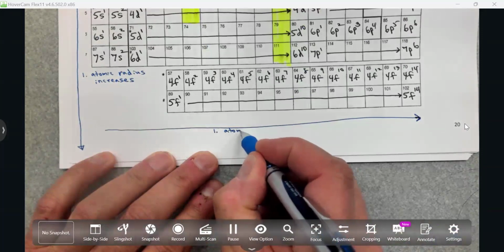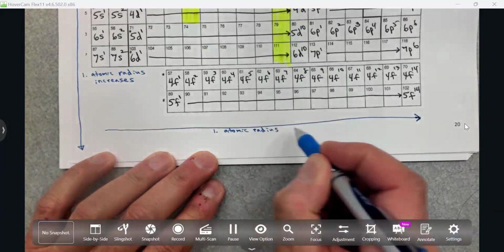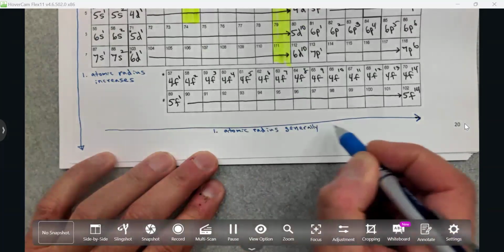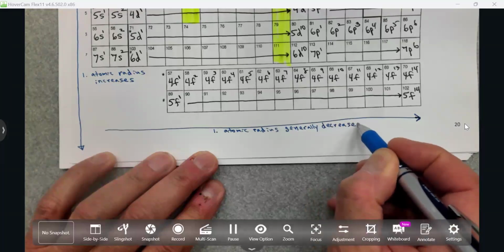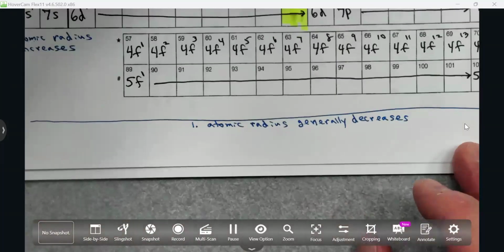And here, atomic radius generally decreases. Of course, it can't be 100% because you can't trust an electron.